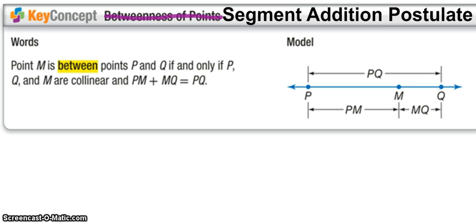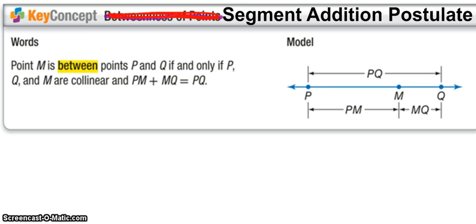The key concept here is betweenness of points. First of all, do me a favor and cross out betweenness of points. Just cross it out, and put segment addition postulate. Now, with the words here in this diagram, point M is between points P and Q if and only if P, Q, and M are collinear and PM plus MQ equals PQ.